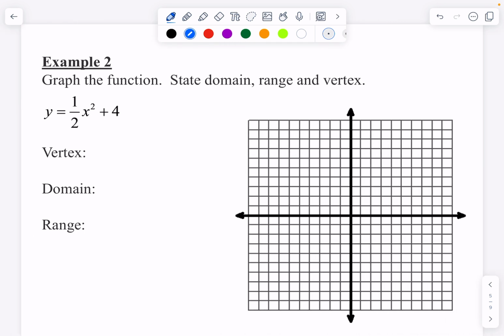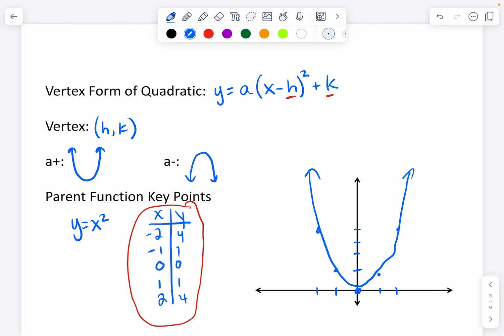Now graphing this function. This 4 means I go up 4. There's nothing being added inside that x squared, so technically your h is 0. So my vertex is (0, 4). Now this 1/2, going back, that's going to affect this column. It's going to cut all of these y's in half.